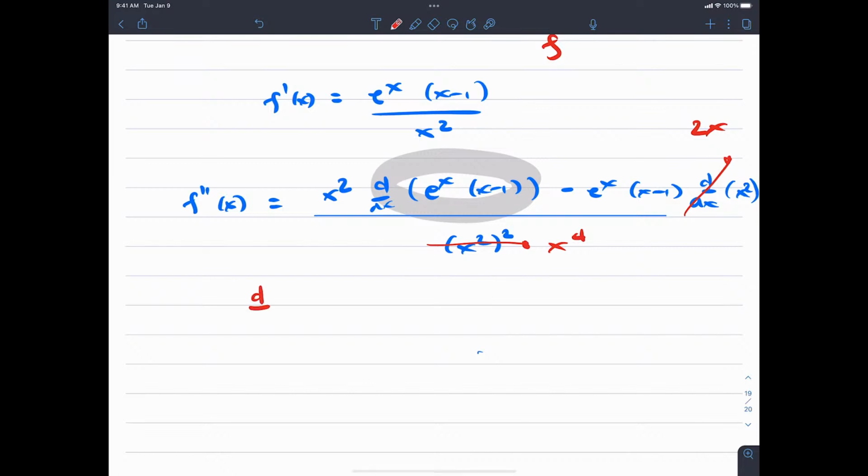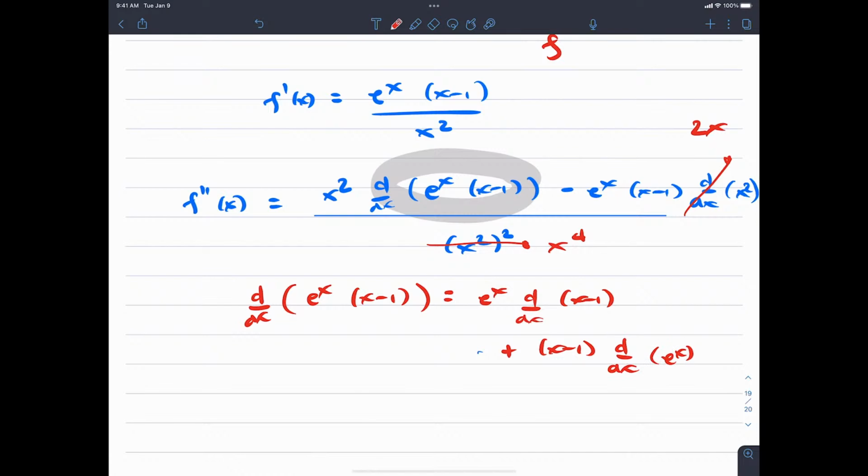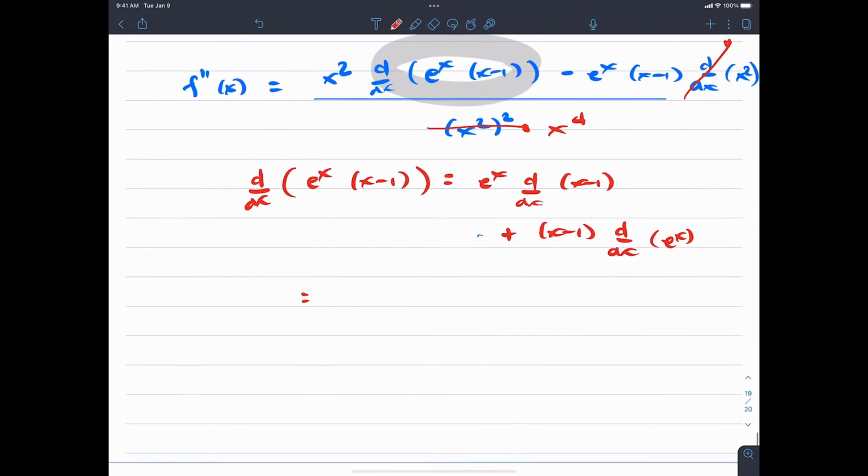If I said to you, d/dx of e to the x minus 1, what do you guys use here? Product rule. Okay. So you're going to have to use product rule here. e to the x times x minus 1, times e to the x.